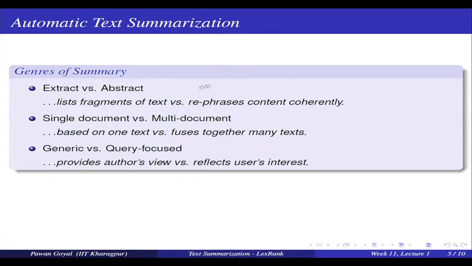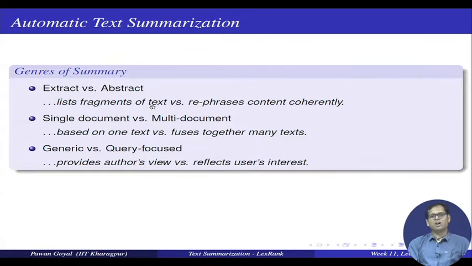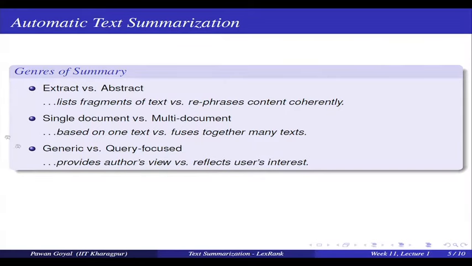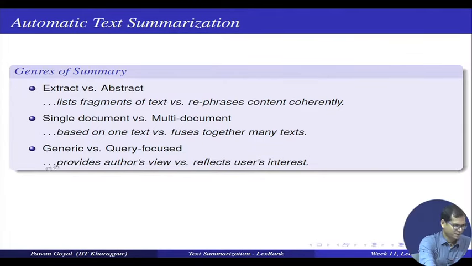Then you can have a single document summary or a multi-document summary. So you have a single news article, or you take multiple articles belonging to the same theme and produce a summary out of that. Both are possible. This is based on one text, and this is fusing different texts together. It can be a generic summary of the input document, that is, the generic view of the document, or it can be a query focused summary.